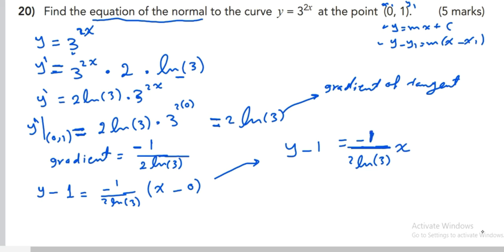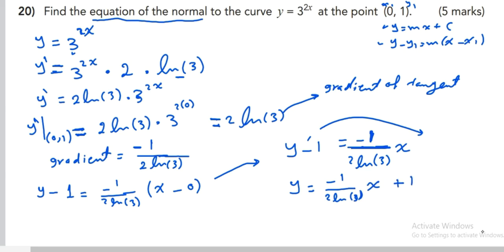And then if we want to write it in the form y equal mx plus c or ax plus by plus c equal 0, you can do it. If you want to write it as y equal mx plus c, just move negative 1 to the other side. So it will be y equal negative 1 over 2 ln 3 x plus 1. This is the first form.